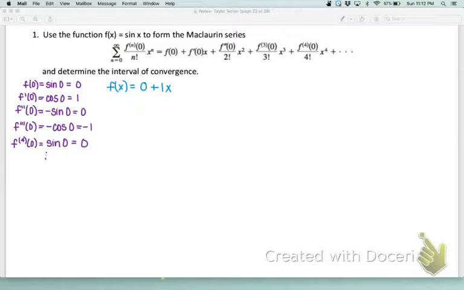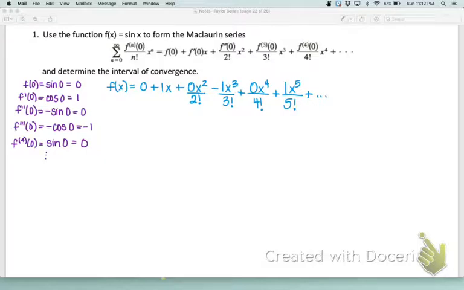And then the next one is going to be f double prime of 0, so that's going to be 0x squared over 2 factorial. Then we get minus 1x cubed over 3 factorial plus 0x to the 4th over 4 factorial. And I'm going to go just one more. We would get plus, this one would be positive 1x to the 5th over 5 factorial plus dot, dot, dot.